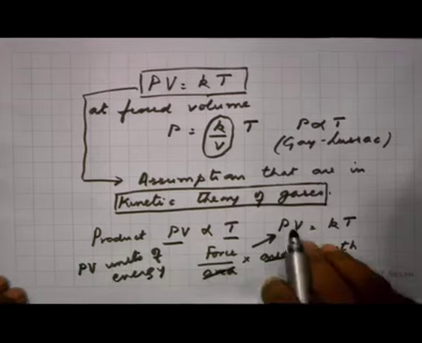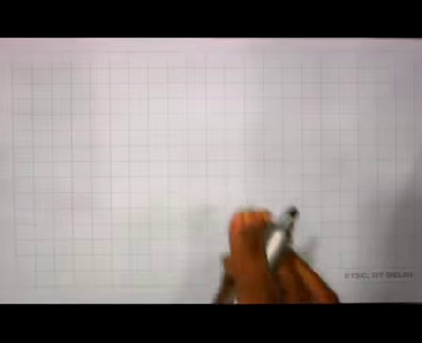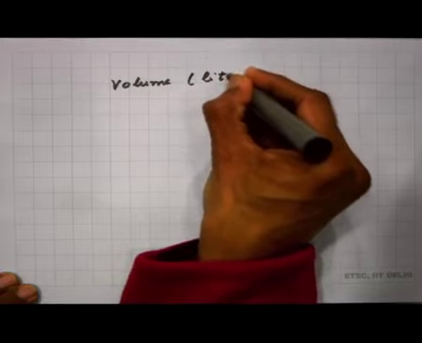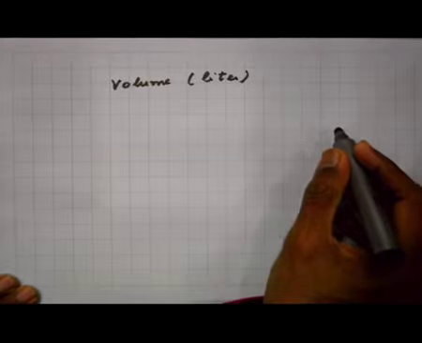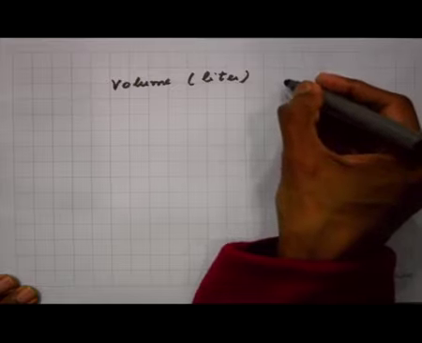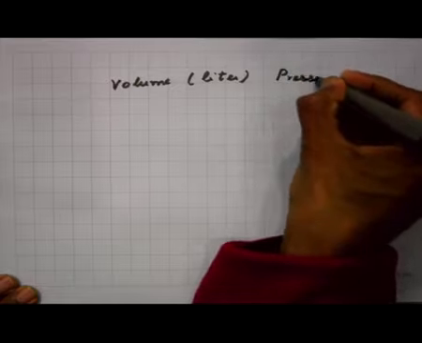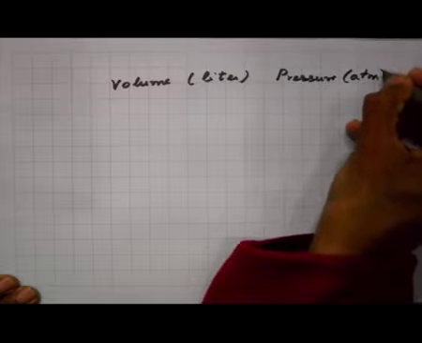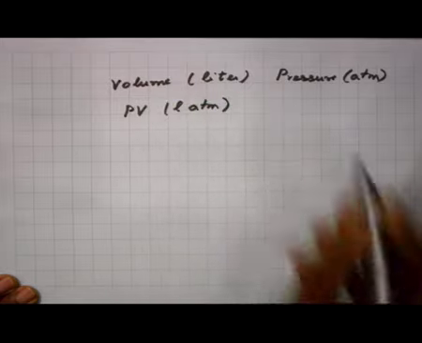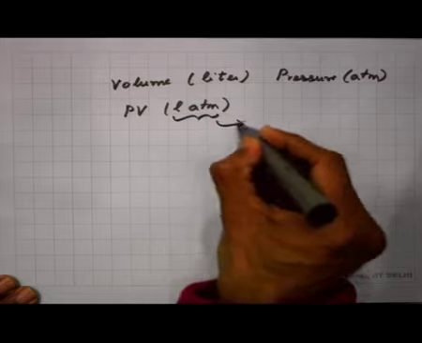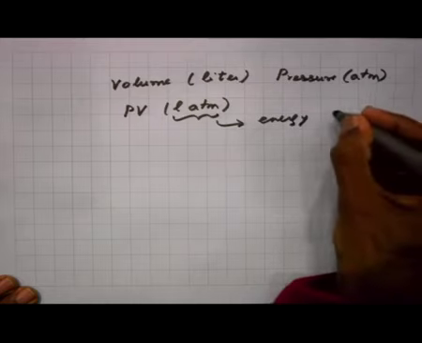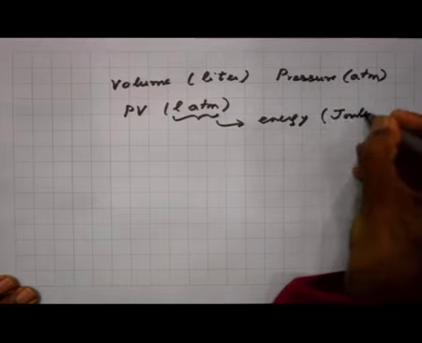So, if you were to express the volume in liters, which used to be the norm a few tens of years ago, and the pressure in atmospheres, the PV product will work out to be liter atmospheres, and we are saying that this corresponds to the unit of energy, which in SI units would be joules.